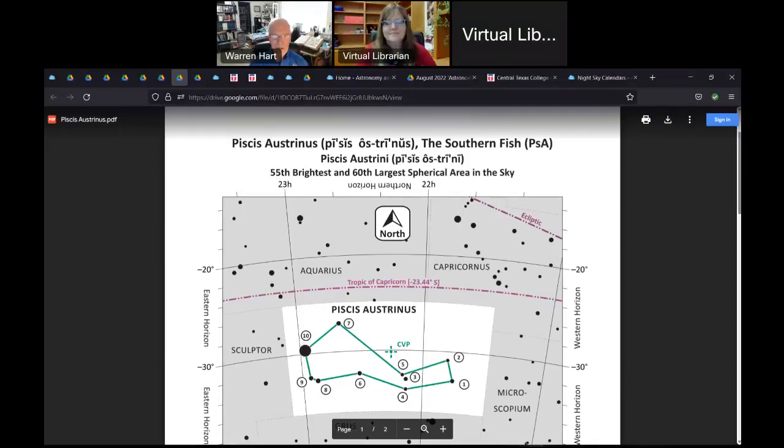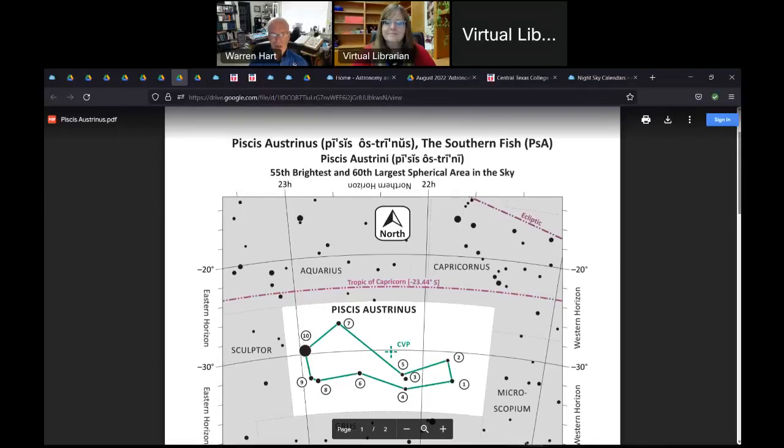I have in there also the phonetic way to pronounce it. If we read it the way the Latin is, it would be fish south, but the way we would want to talk, it's the southern fish. And those 3 letters, PSA, are the ID letters you would find in a book listing the constellations, and they don't list its full name.